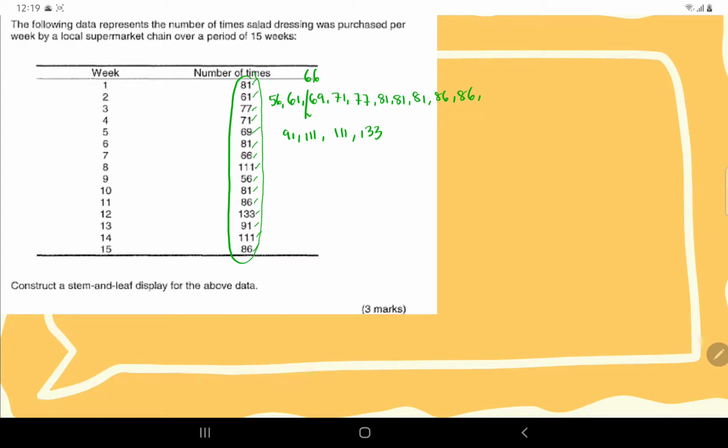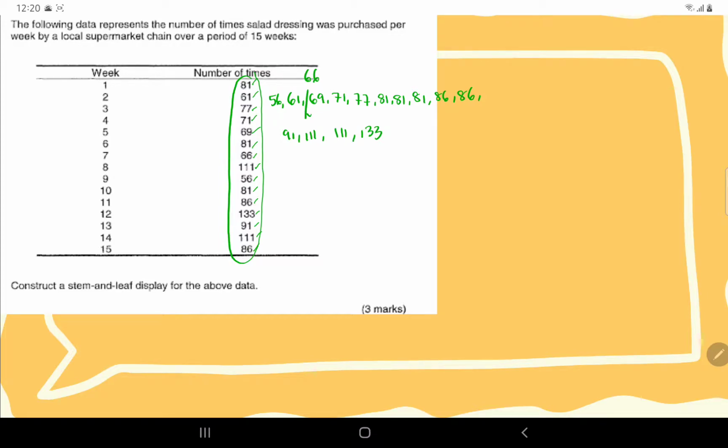This is the data that I have arranged. We begin with the smallest number, which is 56, and the largest is 133. You can see here, the number 81 occurs 3 times, and number 86 occurs 2 times. So the data in ordered form is like this, and then we need to plot it in the stem and leaf.